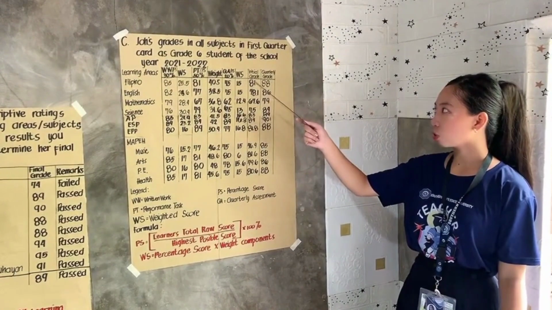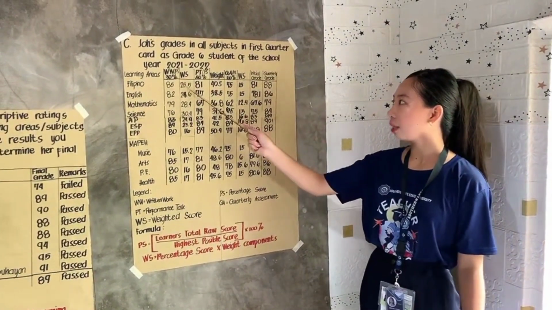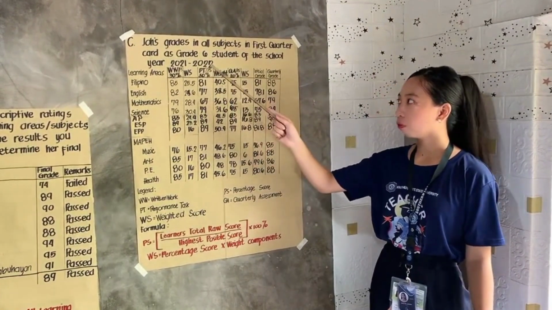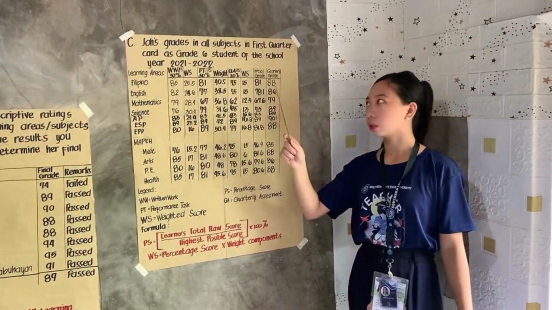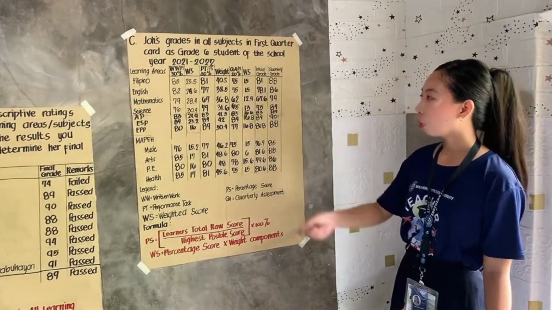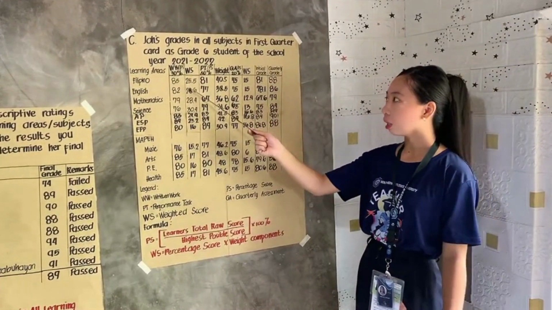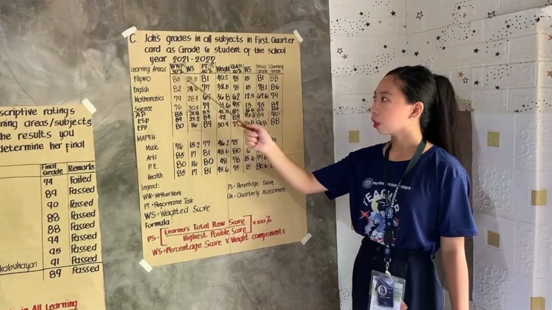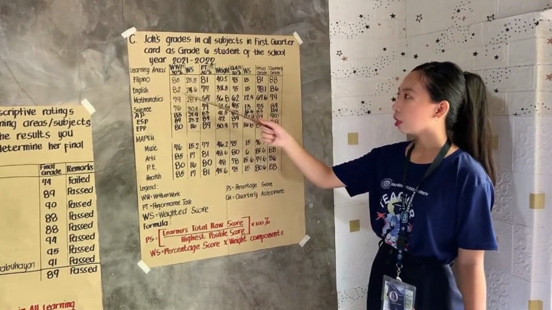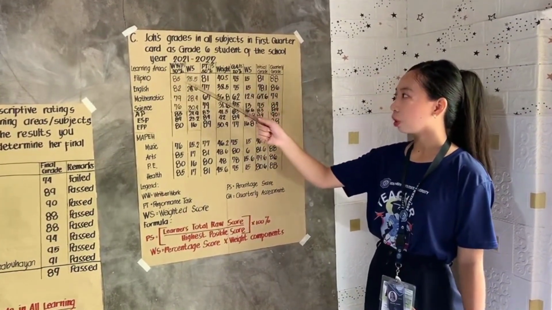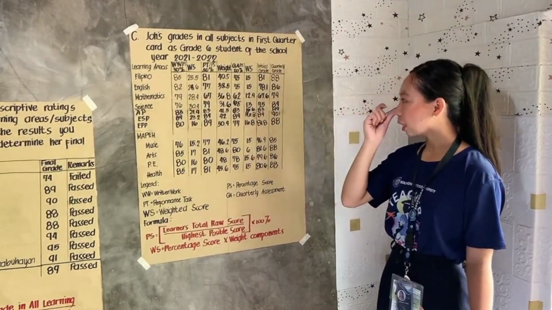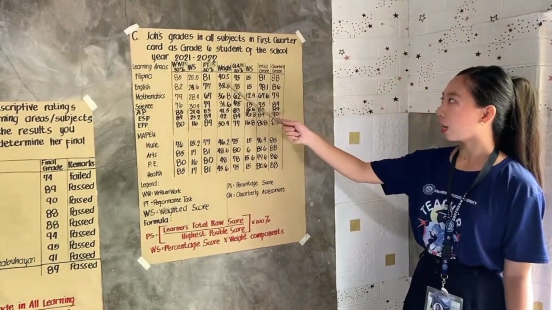To get the initial grade, we need to add the weighted score in written work and in performance task and in quarterly assessment. So as what you can see, the weighted score in the written work in Filipino subject, John got 25.5, and in performance task, John got 40.5.